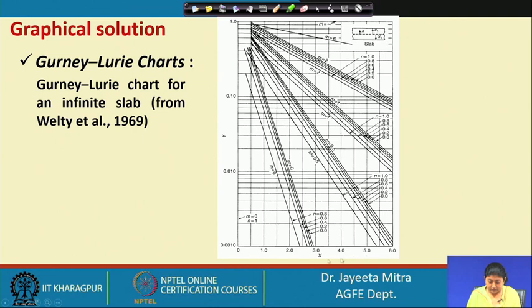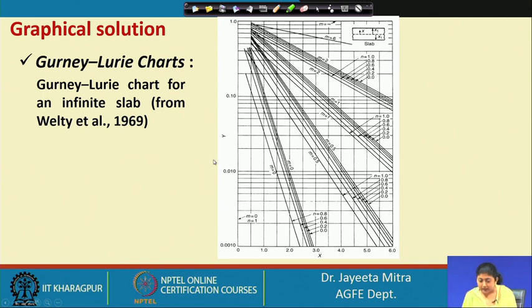So, in the x direction, here x is represented by the Fourier number, that is alpha t by characteristic dimension Lc square. Y, that is in the ordinate, is the dimensionless parameter relating the temperature.